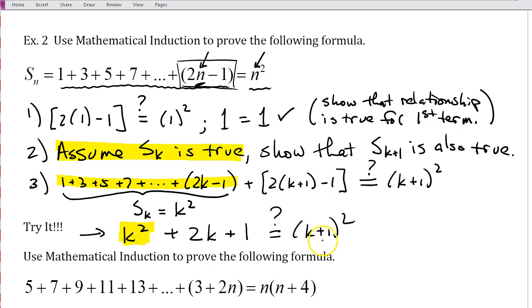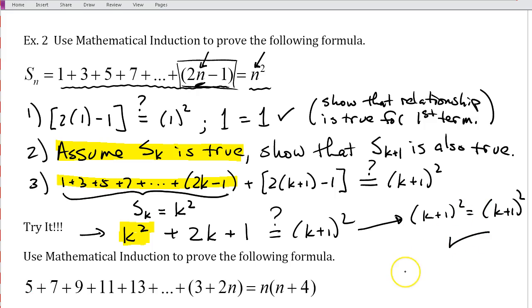And either way you want to do this, you could either FOIL out on the right or you could factor on the left. So let's just factor this. K squared plus 2k plus 1 is equal to k plus 1 squared.